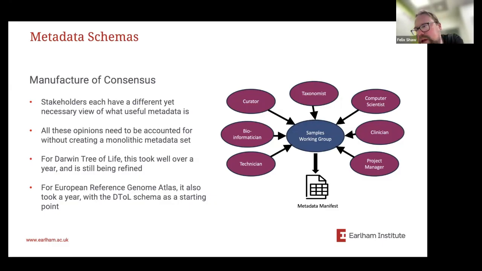And these are both pan-European and UK-based biodiversity screening projects, essentially, to try and produce, the lofty goal is to try and produce reference genomes of every eukaryotic species, which is obviously a bit of a stretch goal, you might say, but it's going quite well. But it took nearly a year to actually produce a template schema for collecting that metadata. It takes a long time.